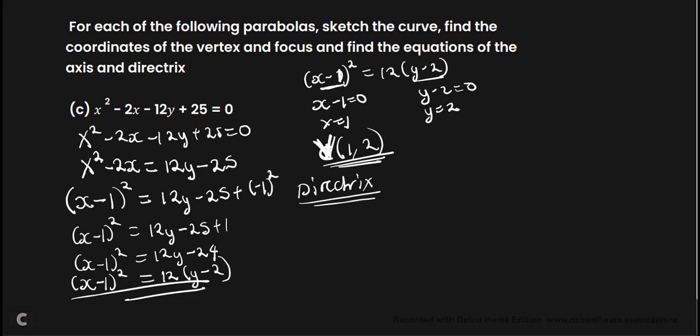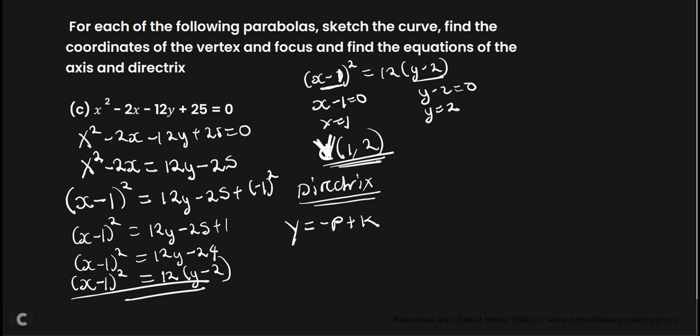So meaning that our directrix is in the y-axis. So it will be y equal to, since there is a shift in the y-axis and we have a vertex which is (1, 2), negative p, then plus k. Why plus k? Because k is in the y-axis.